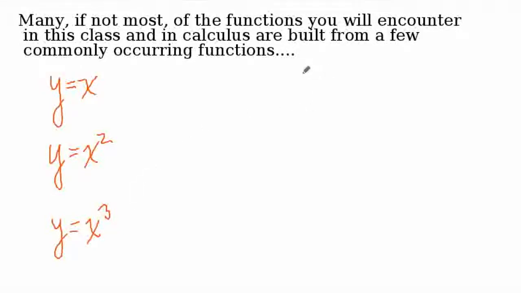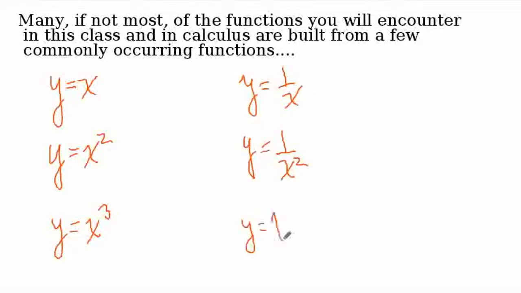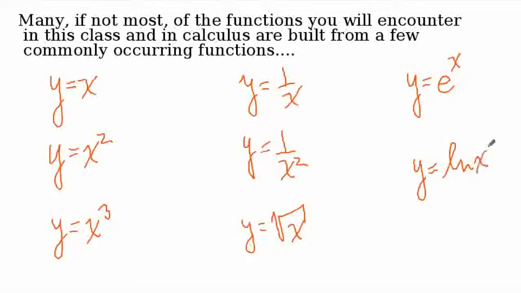We've got an inverse, maybe an inverse squared. We've got a square root. Okay, we've got an exponential and a log. Okay, if you memorize these guys, you will probably be good to go on most, if not all, the graphing.